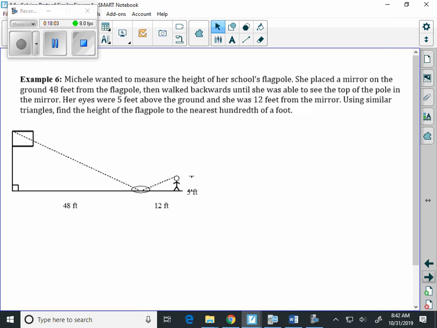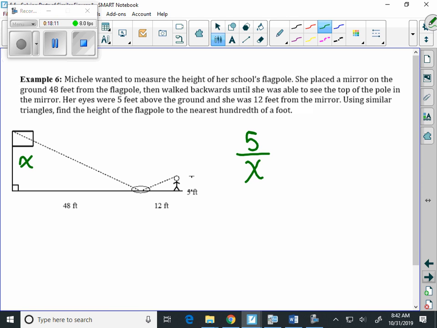So whatever we want to call the length of the flagpole here, maybe x. So we can say 5 over x, but stick with the triangles. Since I started with 5, I also have the distance away from the mirror is 12, and then the distance away from the mirror to the flagpole is 48.